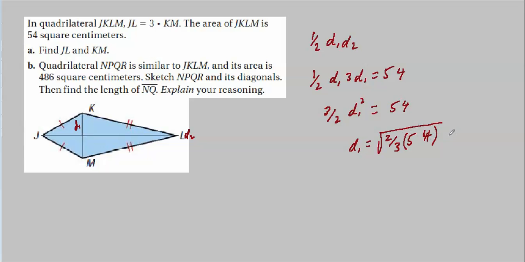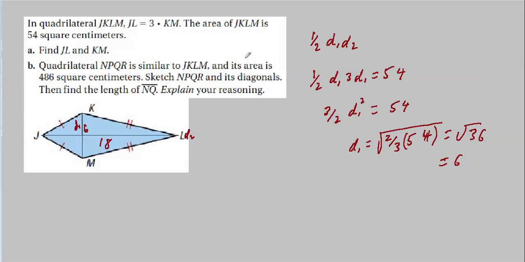So what we really need here is the square root of 36, and of course, that equals 6. So this part here is 6. They just told us this was 3 times it, so this is 18. I think that's what they asked us up here. JL and KM. Okay.